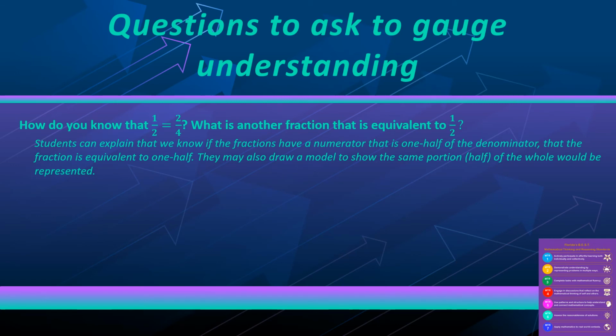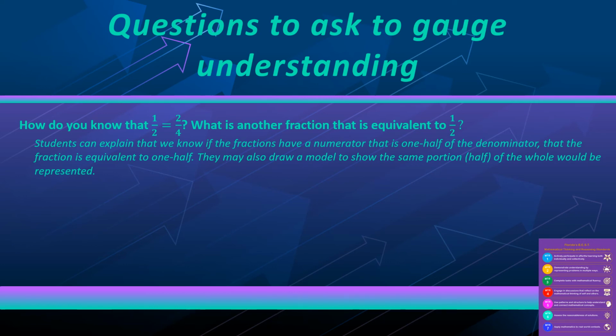Here are some questions to ask to gauge student understanding. How do you know that 1/2 is equal to 2/4? What is another fraction that's equal to a half? We really want to hear students using models and strategies based on understanding of fractions to explain how they created an equivalent fraction equal to 1/2 and how they know 1/2 is equal to 2/4.